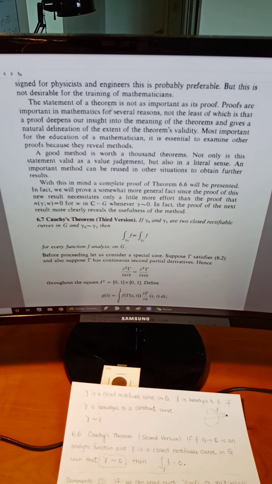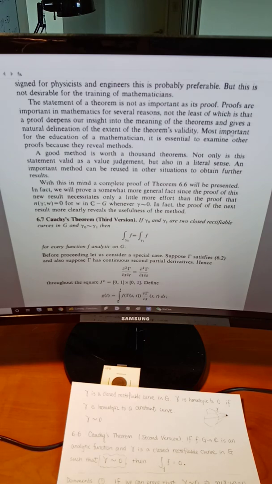So the statement of a theorem is not as important as its proof. Proofs are important in mathematics for several reasons, not the least of which is that a proof deepens our insight into the meanings of the theorems and gives a natural delineation of the extent of the theorems' validity.